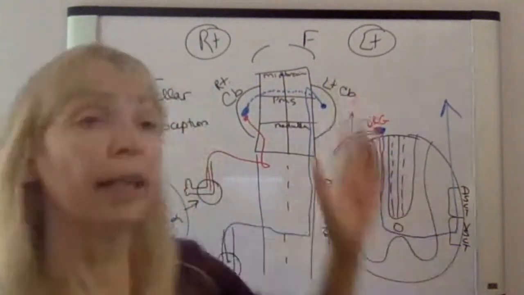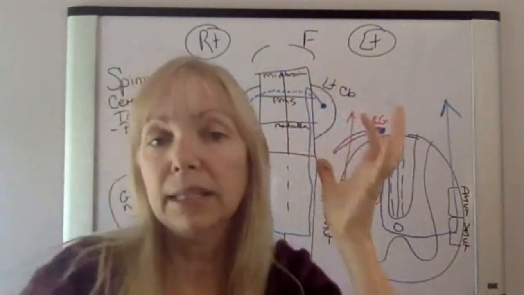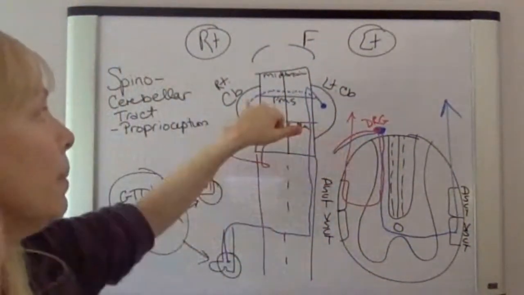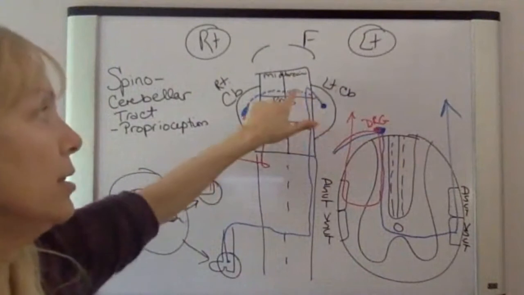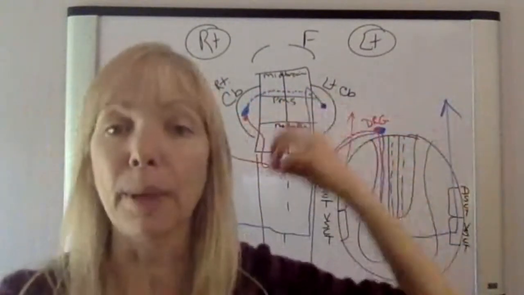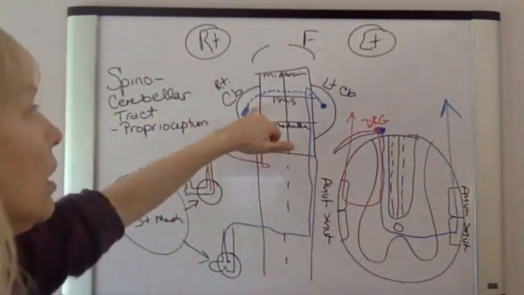So the left cerebellum gets that stimulation, but it takes it and sends it over in the cerebellum itself to the other side. So that's why you see this dotted line. It's not going through the midbrain, it's behind it, right? Because the cerebellum is behind the brainstem.